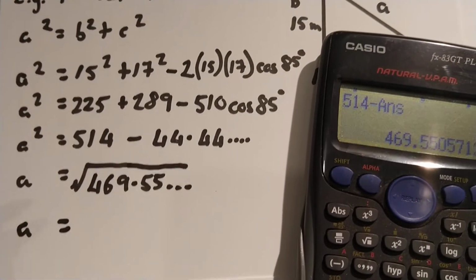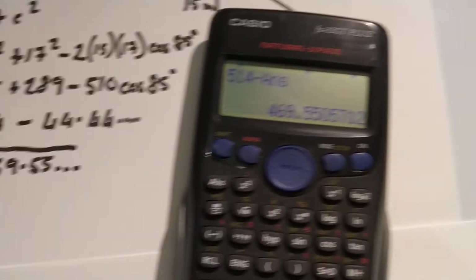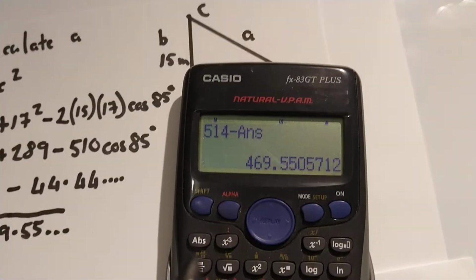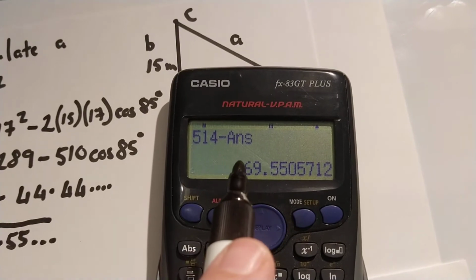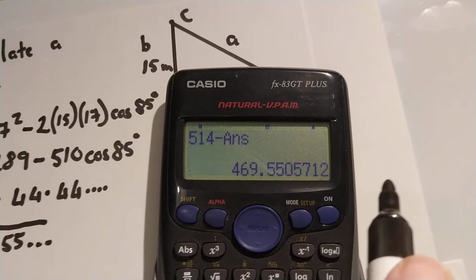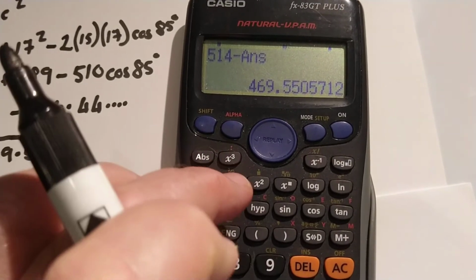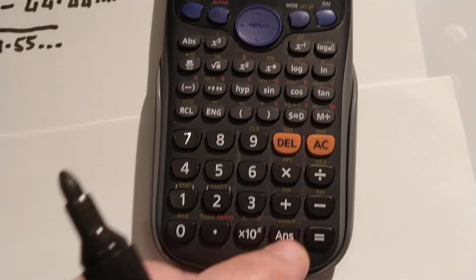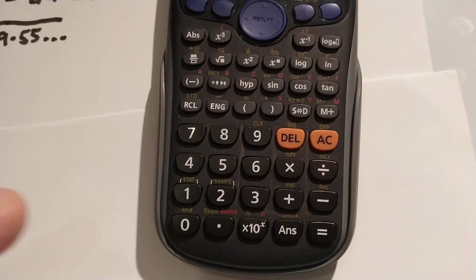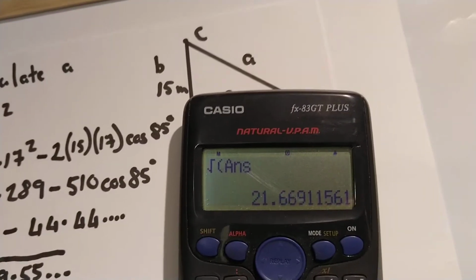So A equals, and I'm looking for an answer a bit less than the 22.7 I thought the first time. So again, I won't cancel this. There's no point in doing that and then just typing in a rounded off version again. I will just say square root my answer, the number that was on the screen, equals, and there we go.